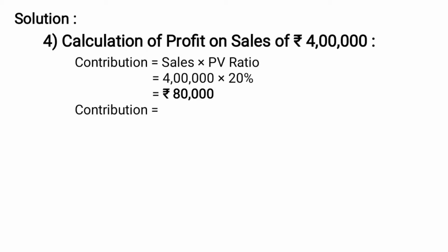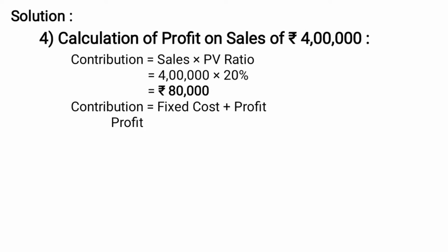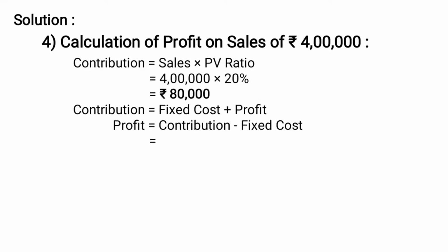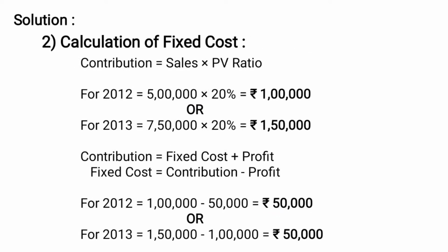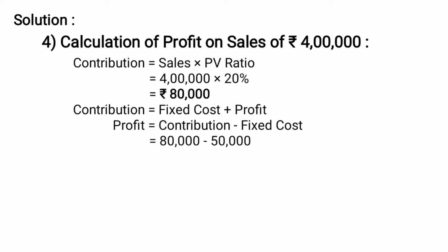So contribution is equal to fixed cost plus profit. So profit is equal to contribution minus fixed cost, which will be equal to contribution amount is given as rupees 80,000 minus fixed cost amount is rupees 50,000, which will be equal to rupees 30,000.